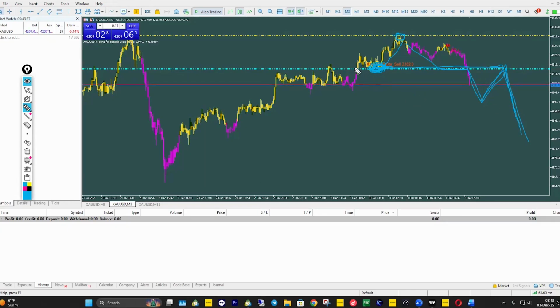If the market breaks your support, you are still looking for sell. If the market breaks your last higher low, the demand zone, you are still looking for sell. You see now how things will be easier for you.